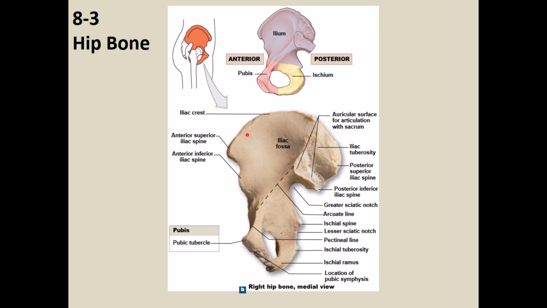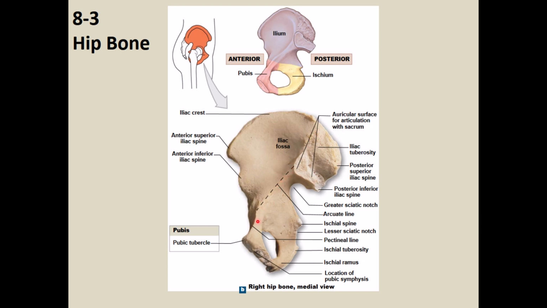So these depressions are for the large intestine. You see the iliac tuberosity, so it's a rough, large bony marking. This is the articular surface, and this is where it articulates with the sacrum. So this is the sacrum that you can see, and the auricular surface is around this area.